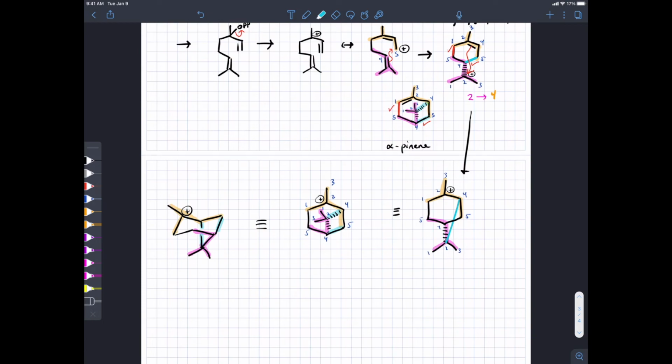Yeah? So is it the enzyme that's causing it to want to form that four-membered ring, because aren't they usually really unstable? Right. The question is, is it the enzyme that directs you down that pathway? Yes. Others?